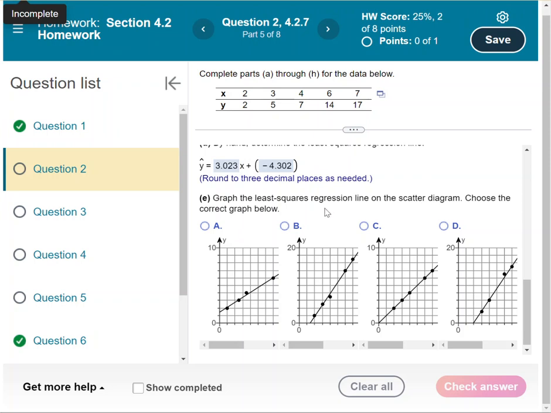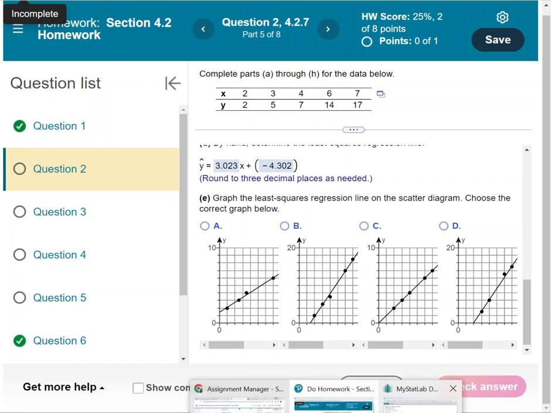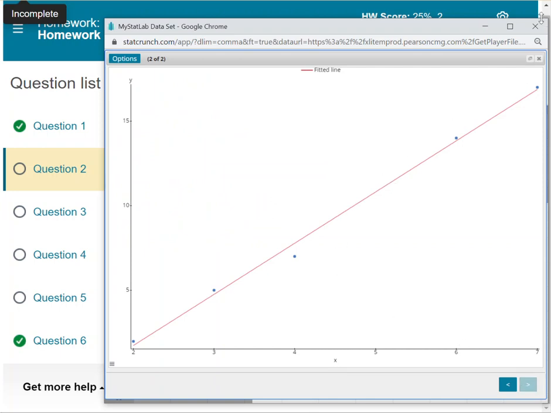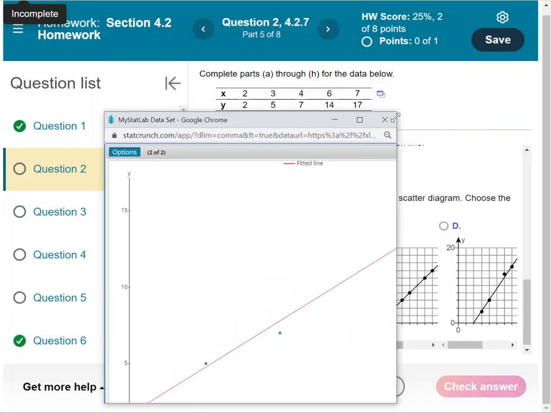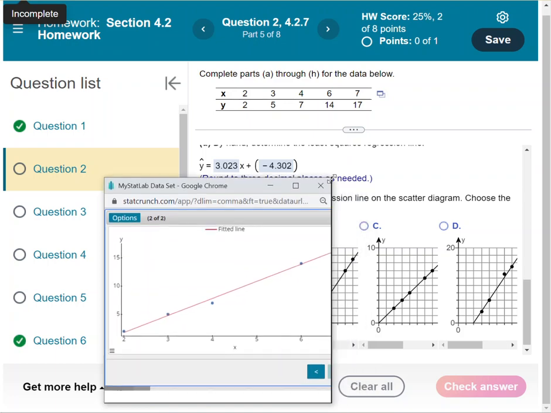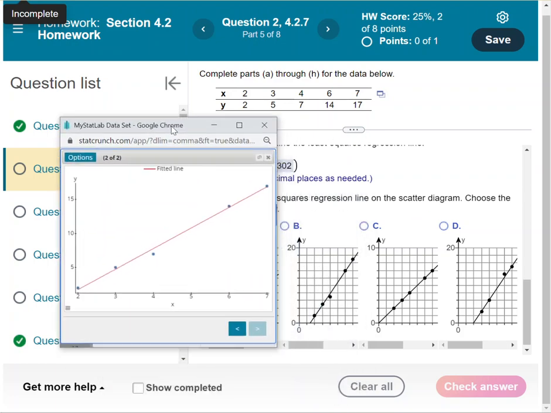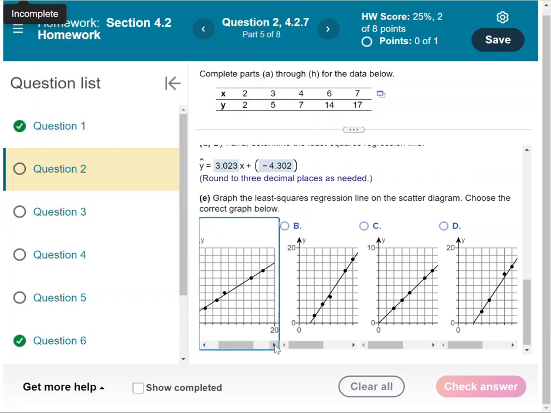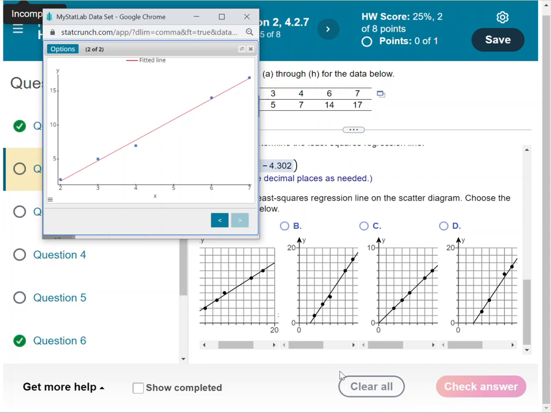Graph the least squares regression line on the scatter diagram. So let's go ahead and look at our graph. We go back here, it's on the second page, and I'm going to make this a little smaller so we can hopefully look at both at the same time and see which one is the right one. So it looks like it's this one here, but we can't see the other part, and I just lost my other graph.